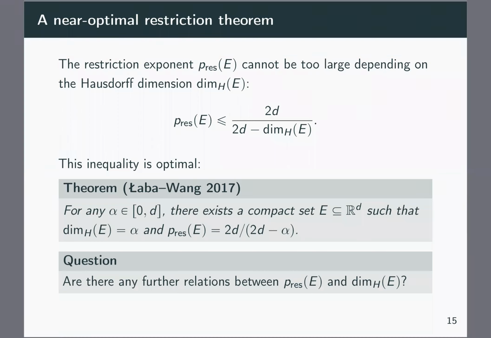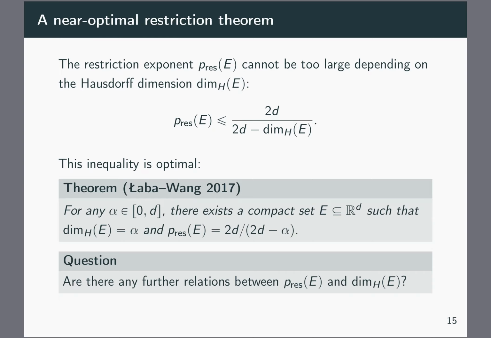So it's reasonable to ask whether there's any kind of relationship between the restriction exponent and the size of the set, for example, the Hausdorff dimension of the set. And the answer to that is yes, there's an inequality saying that the endpoint restriction exponent of E is always at most 2d over 2d minus the Hausdorff dimension of E. This is a consequence of Frostman's lemma.